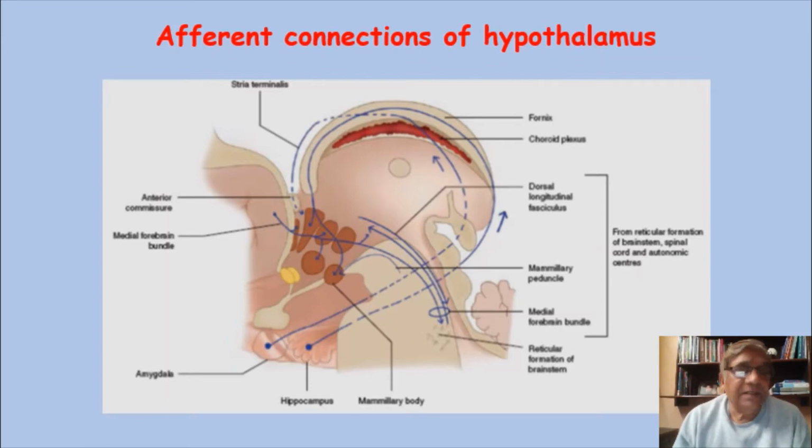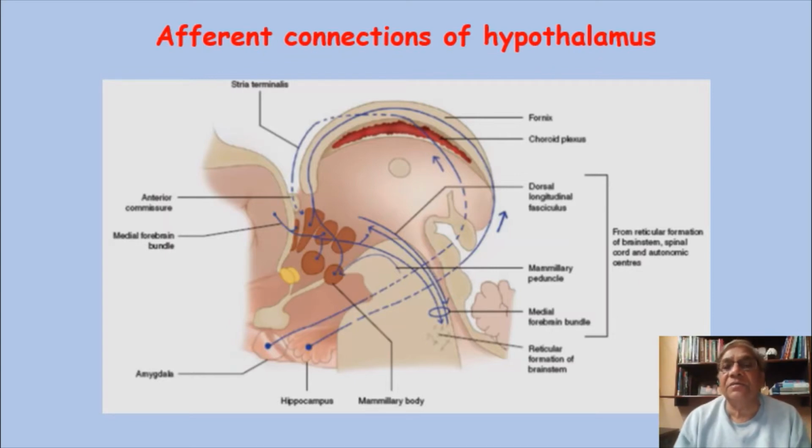These afferent fibers then ultimately terminate in the lateral group of the hypothalamic nuclei, so lateral hypothalamic nuclei mainly. So these are the spinal cord connections with the hypothalamus, sensations coming from both autonomic as well as somatic via the reticular formation.